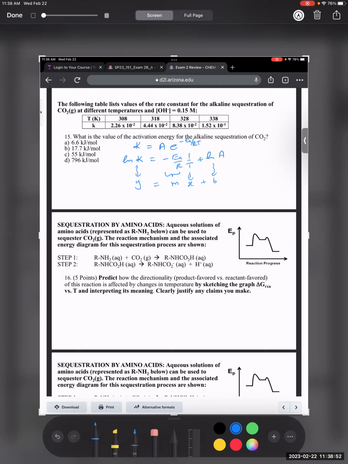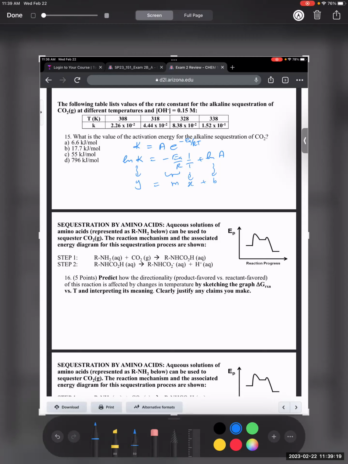Okay, so I have the temperature and the rate constant values. Now I want 1 over temperature. That would be your list 3 on your calculator: 1 over the temperatures. Okay, I got those values.